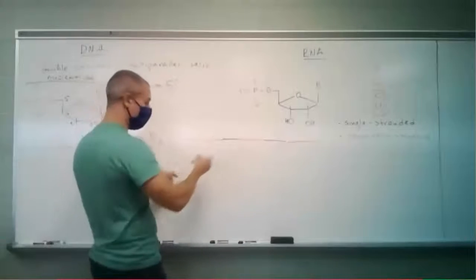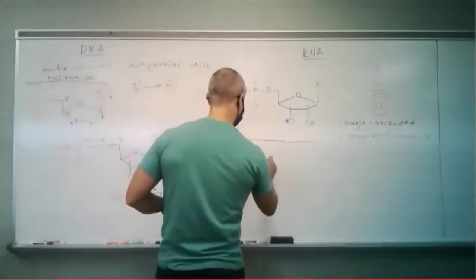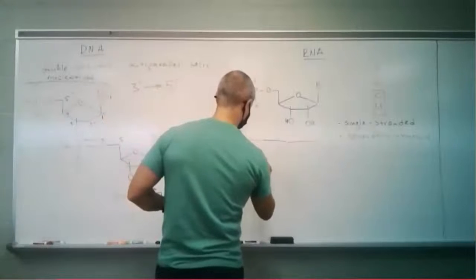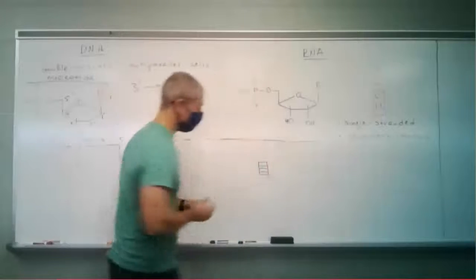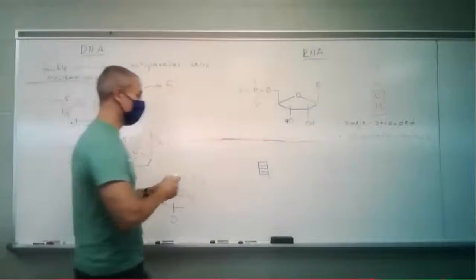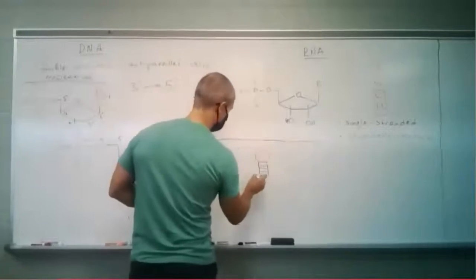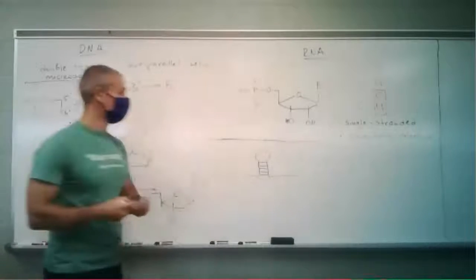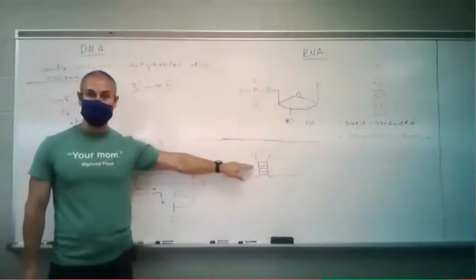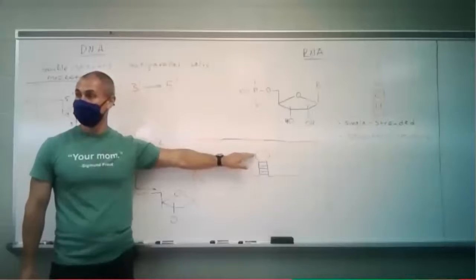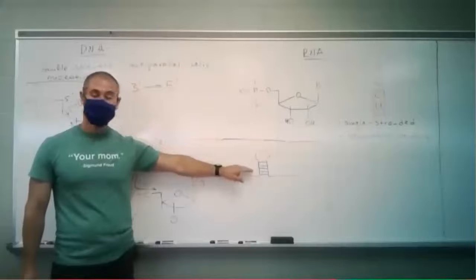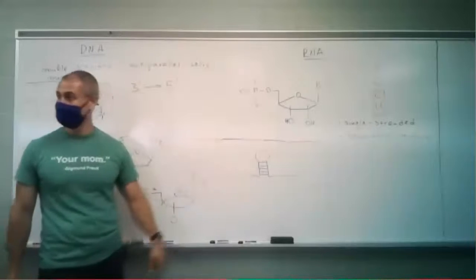So what's going to happen with them? They're going to fold in the stem structure. Okay? There's going to be a loop at the bottom. This is called a stem loop, or sometimes called a hairpin loop.